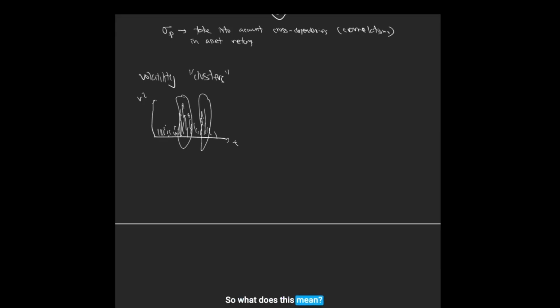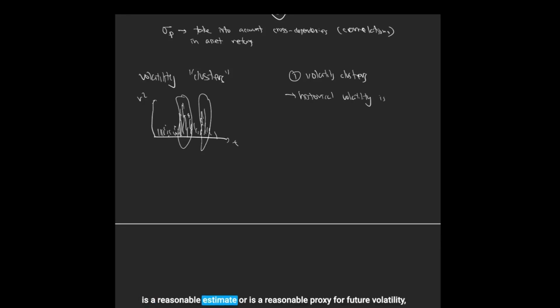So what does this mean? We use two empirical facts about the market. Number one, if volatility clusters, then we can say that historical volatility is a reasonable estimate or is a reasonable proxy for future volatility.